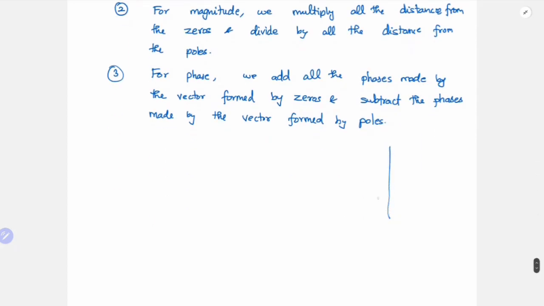So to take an example, if we have this and we have some poles and some zeros, and I want to evaluate at this point S1, let's say. Then I need to consider these vectors. Each of these vectors will have a magnitude, let's say R1, R2, R3, R4, and they will also have a phase, right? So let's call it phi 1, phi 2, phi 3, phi 4.